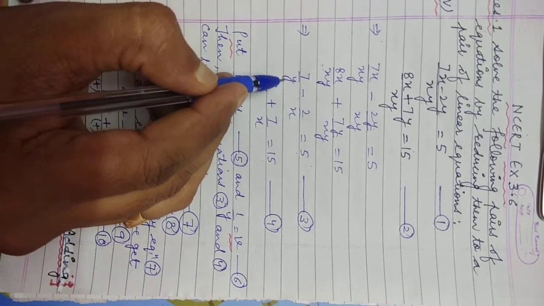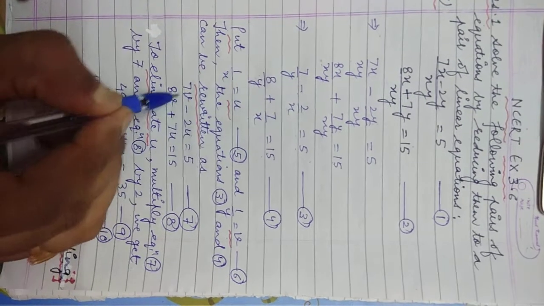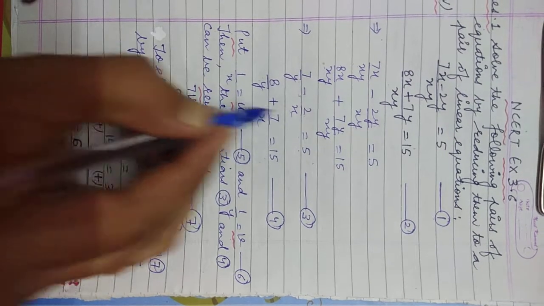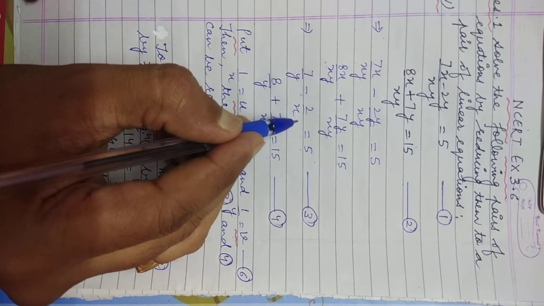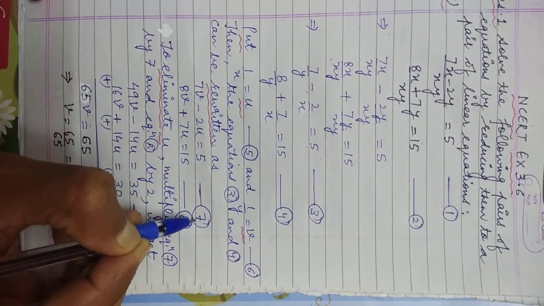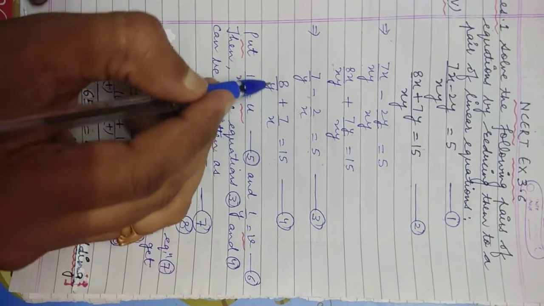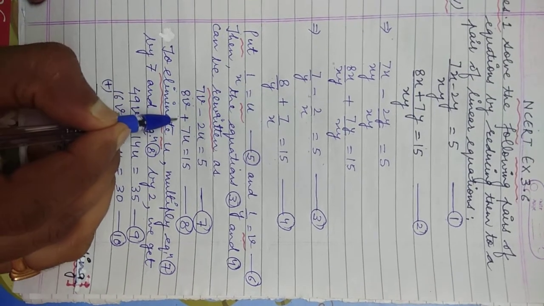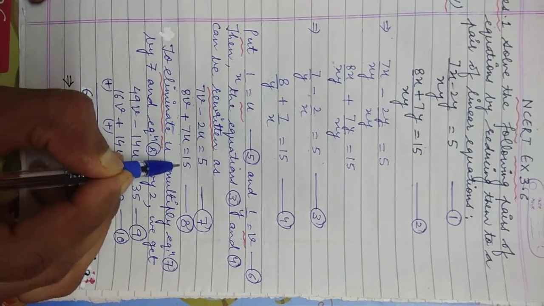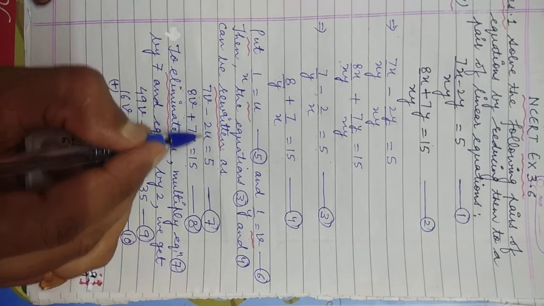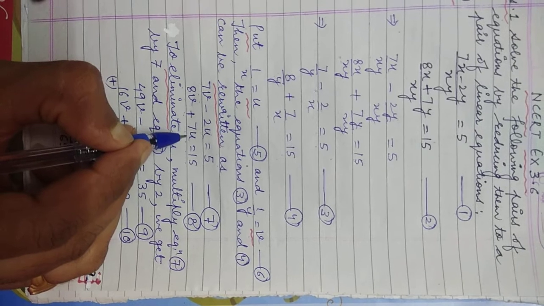On putting 1 upon y equal to v, we get 7v minus 2u (where we have put 1 upon x equal to u) is equal to 5. Let this be equation 7. Similarly, equation 4 can be written as 8v plus 7u is equal to 15, and let it be equation number 8.